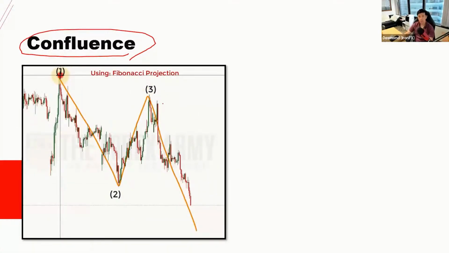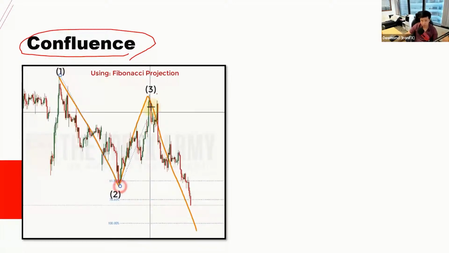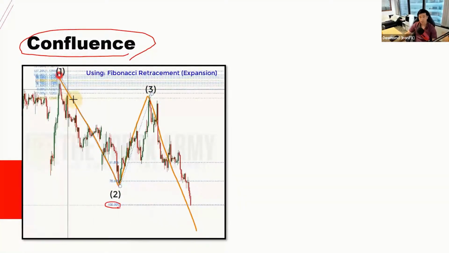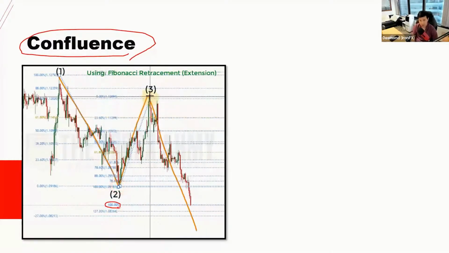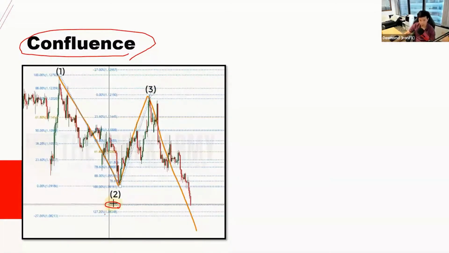So as you can see, we can start with the Fibonacci projection, 100%. We can start the Fibonacci retracement, expansion, extension, and we found 1, 2, 3 reasons why price might bounce off this area.